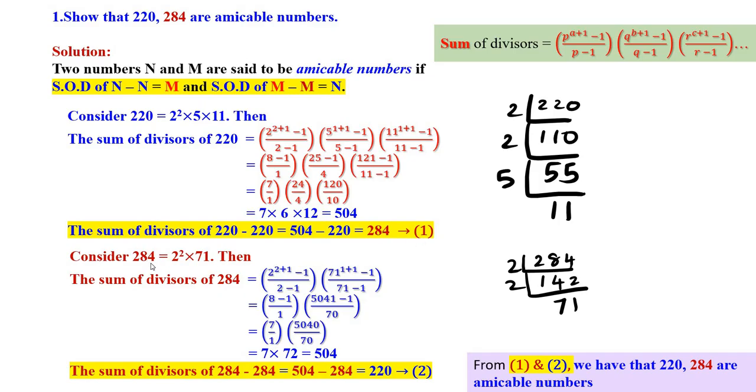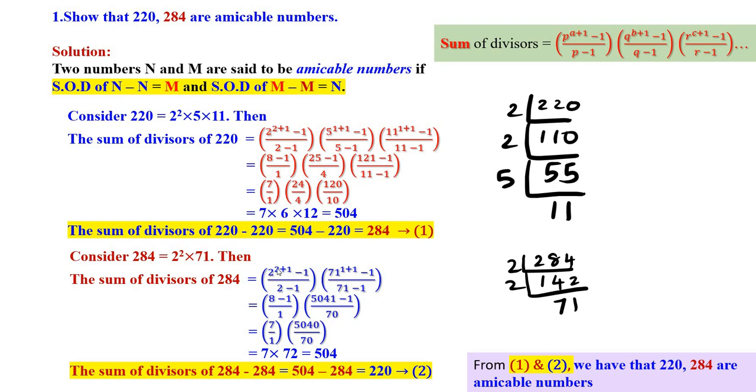Similarly, we shall consider 284, which we can write as 2 square into 71. Again, make use of the formula to compute the sum of divisors of 284. Here A is 2, B is 1, and the prime numbers are 2 and 71.